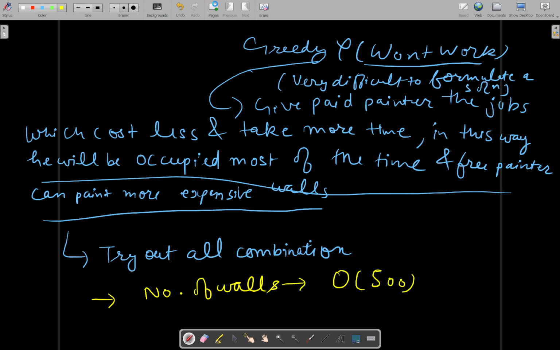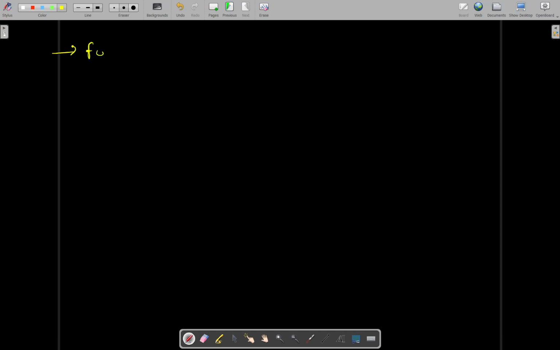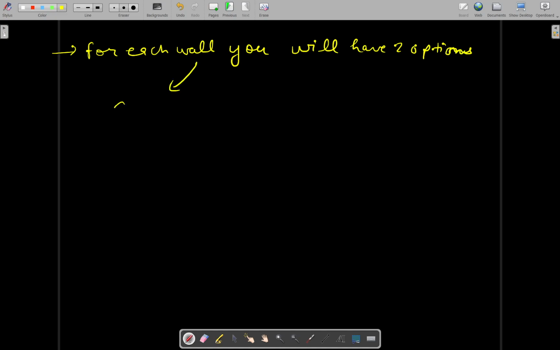For each wall you will have two options: give it to the paid painter or give it to the free painter.